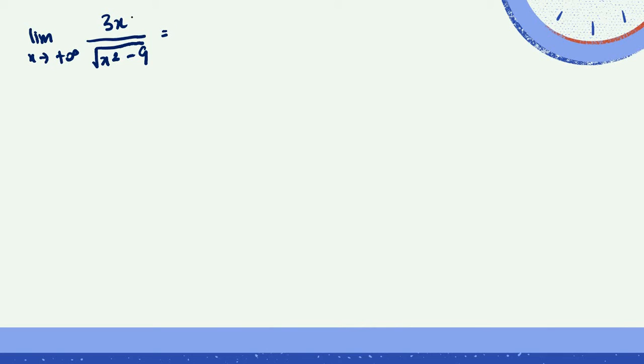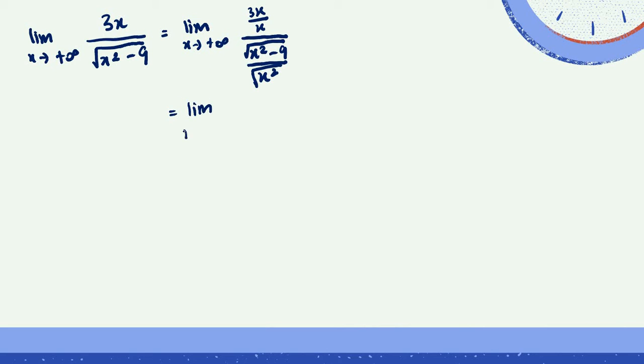This is the case where we have one polynomial term and the other term is a surd function. So what we do is divide by x on the polynomial part, and for the denominator, we divide by the square root of x squared, then simplify.